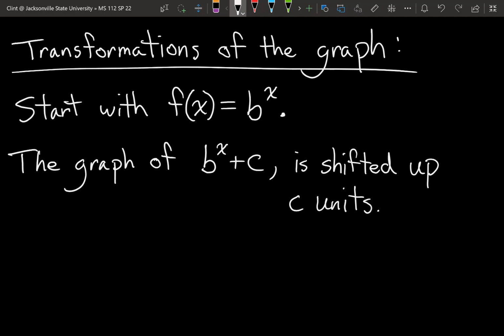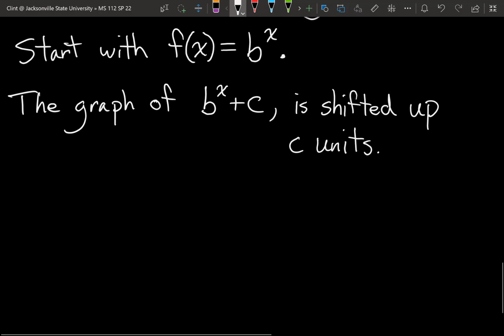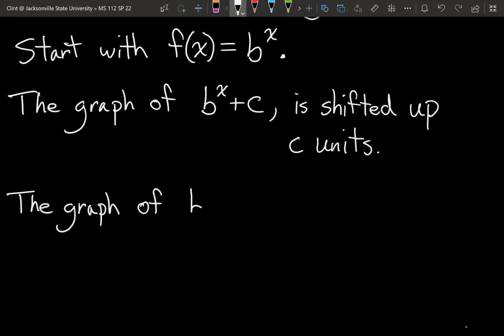Remember, for horizontal shifts, we add or subtract some number with the x. Not just out on the end of the function, we add or subtract some number with the x. So the way that looks with exponentials is our number we're adding or subtracting will be in the exponent. So we got a little x plus c up there.